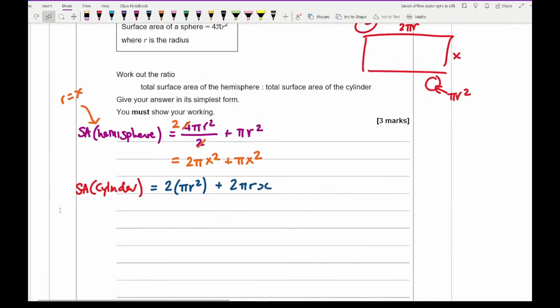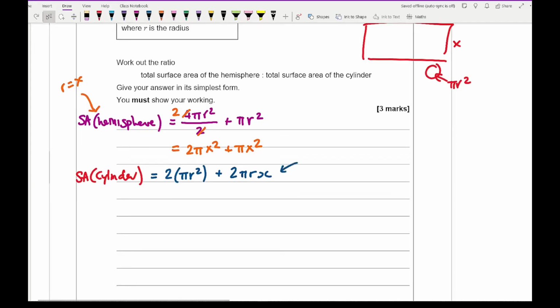Then if I multiply this out, we know that the radius of this is 3x. So substituting r equals 3x, I get 2 lots of pi times 9x squared plus 2 pi times 3 times 3x times x.